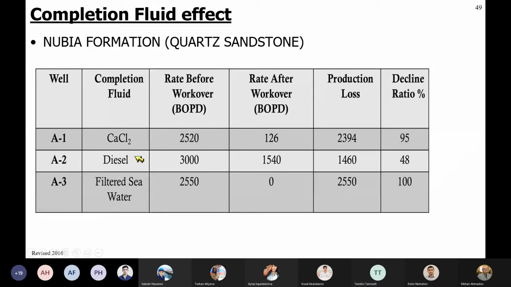Here you can see using diesel, production loss was maximum in the calcium chloride and filtered seawater, because those have a chemical interaction with the reservoir fluid and reservoir formation rock minerals, and therefore the decline in the rate was with the filtered seawater, it was even 100%, so the water didn't flow at all after the workover completion.